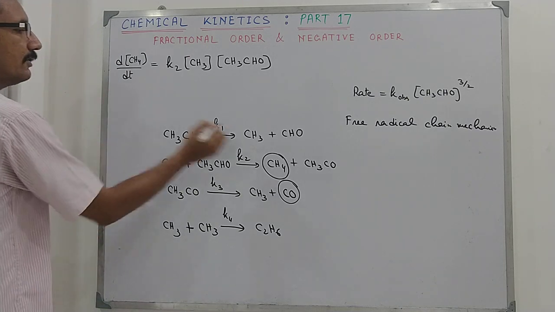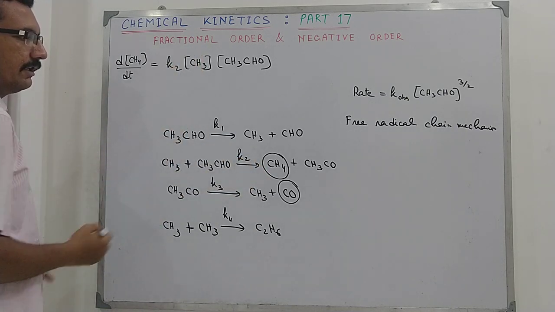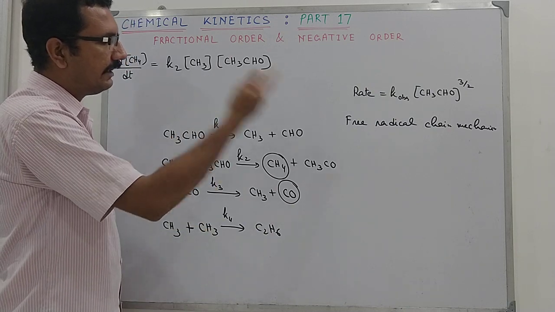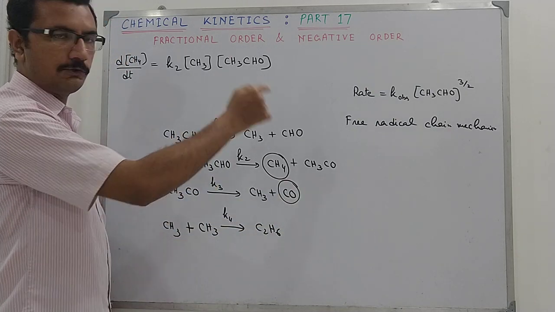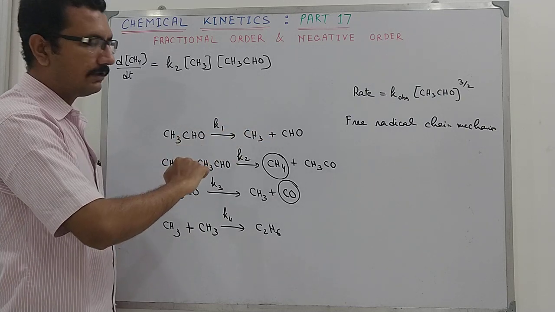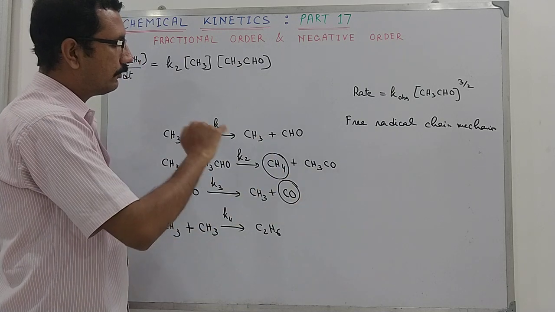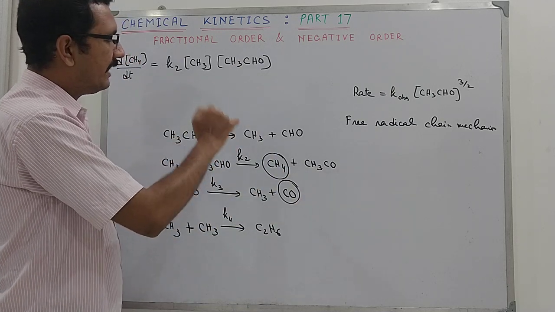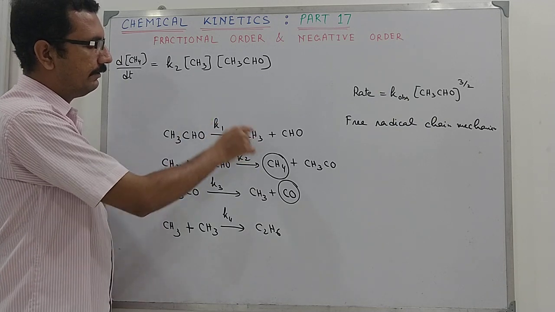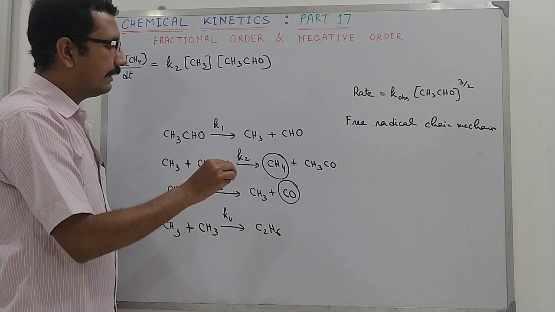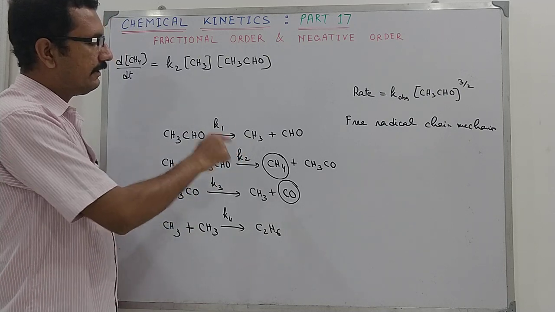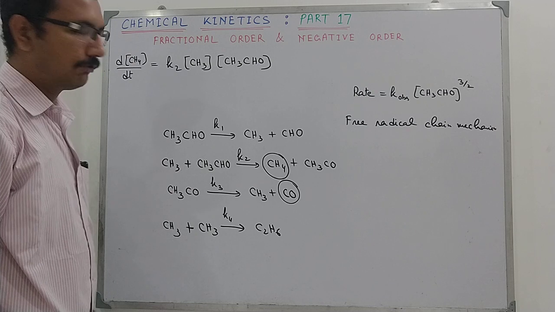So concentration of these two intermediates will first increase and then decrease at the end of the reaction. So it will cross through a maxima. The concentration of the intermediate will first rise and then fall. So it will cross through a maxima, and at the maxima you will have the concentration of CH3 to be stagnant, since the rate at which it is produced equals the rate at which it passes over to the product.